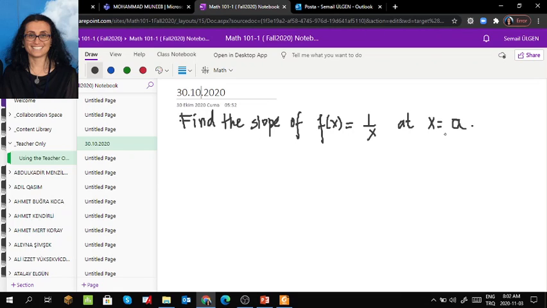Okay, we want the slope of the function, the butterfly graph, at x is equal to a. A is an arbitrary point.